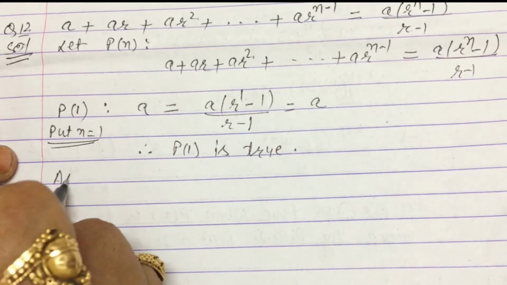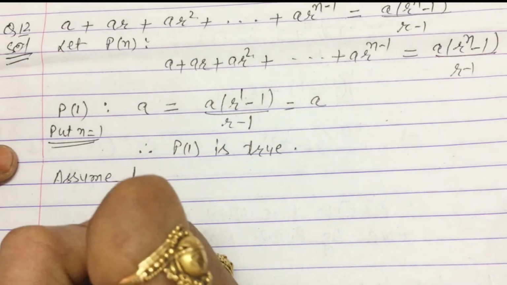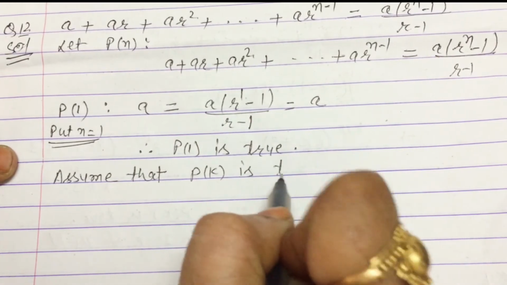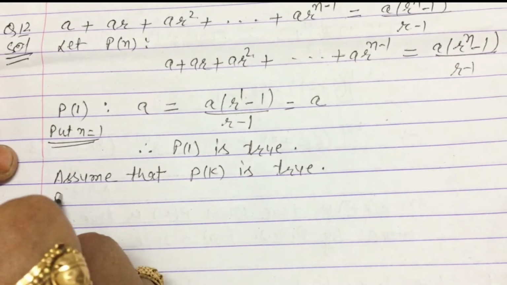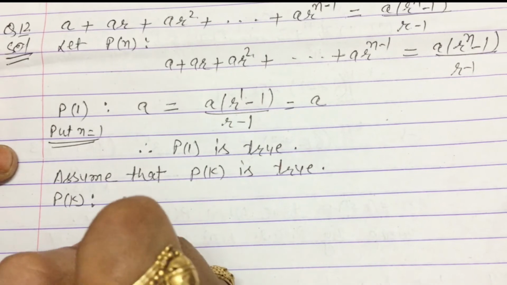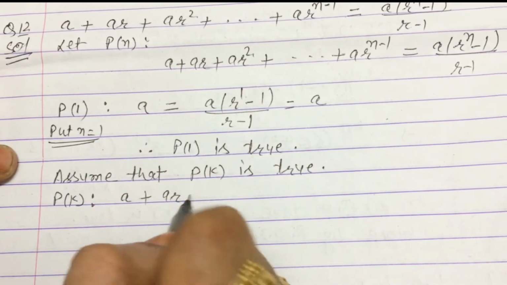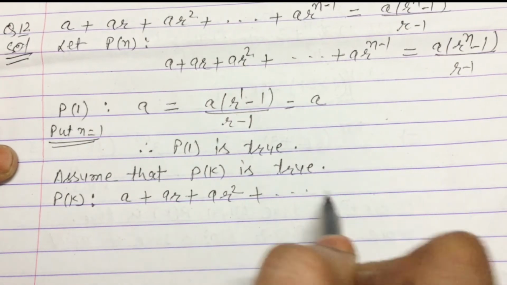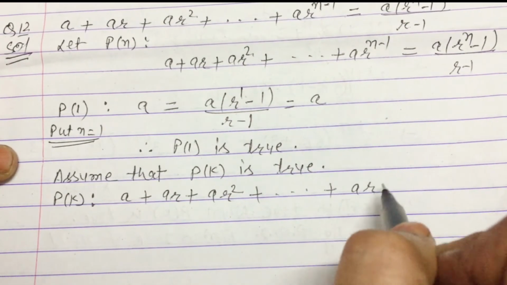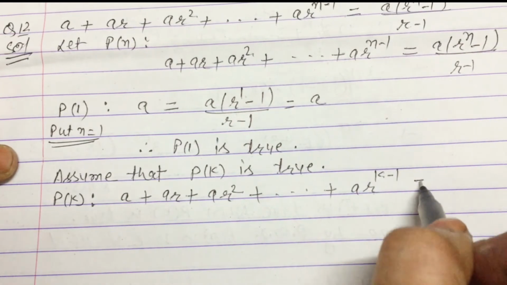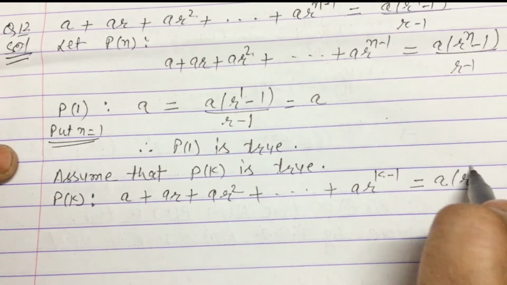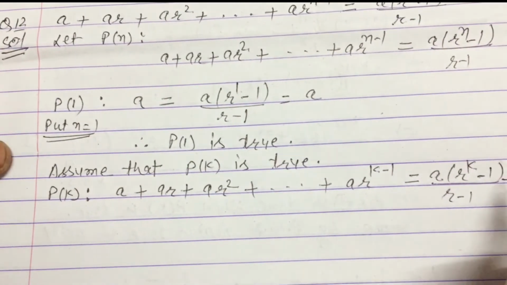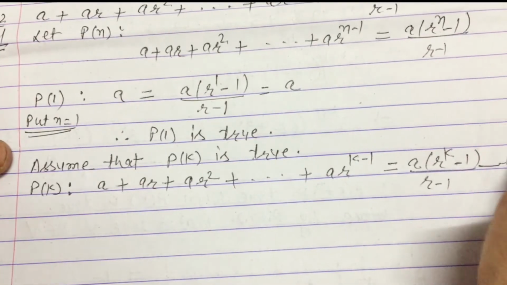And now assume that Pk is true. So here write Pk is A plus AR square plus, up to AR raised k minus 1, is equal to A times R raised k minus 1, over R minus 1, and write it as equation 1.